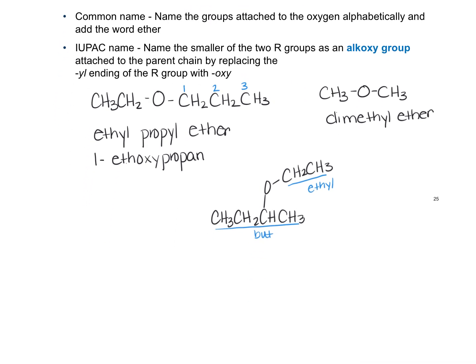And so what we would do with that longer one is we would count. We would say 1, 2. That's where the oxygen, the ether linkage, is. And so we would then name this using that butane parent hydrocarbon name, and we would say, look, that's 2-ethoxybutane. And so that would be the name there.